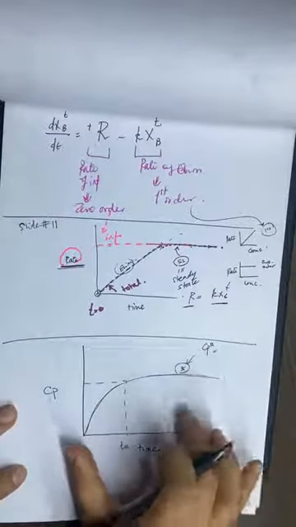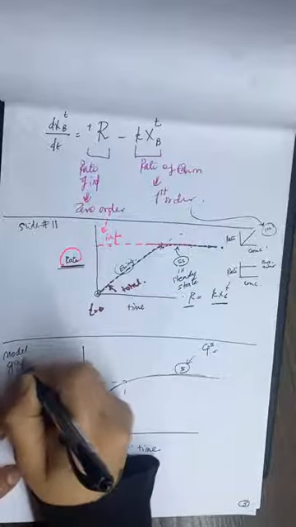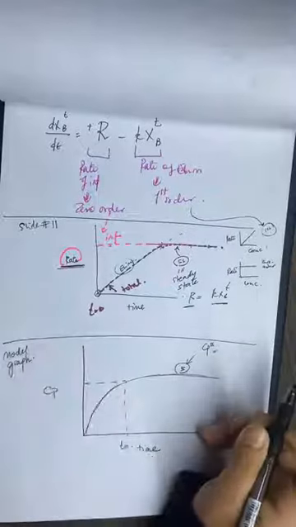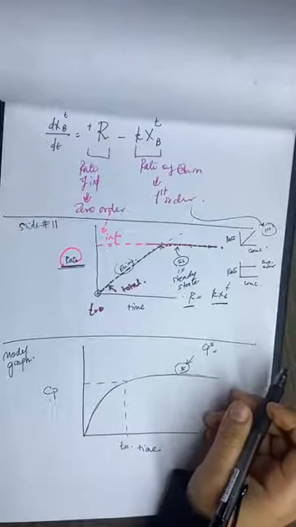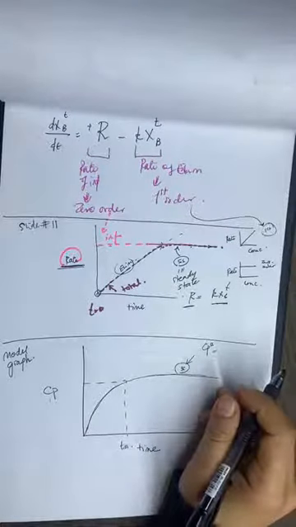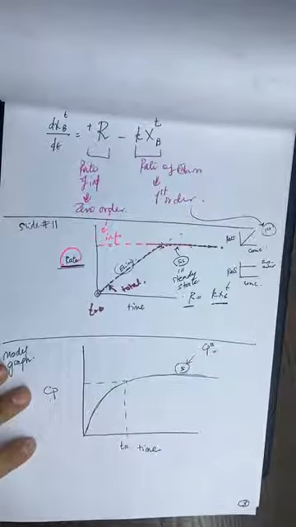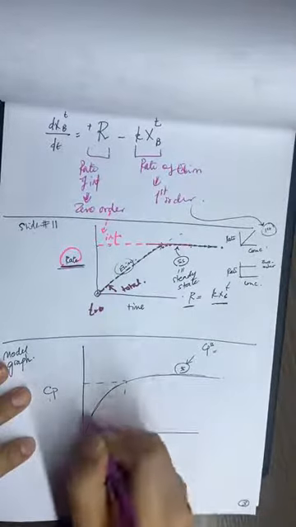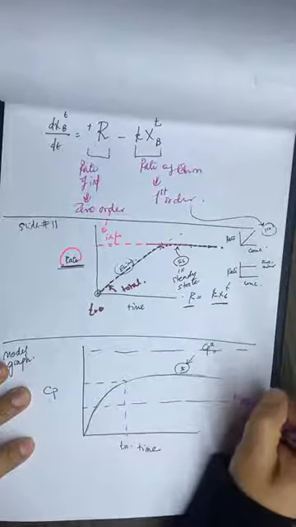So this is your model graph for IV infusion. Again, we have first order elimination rate constant and zero order infusion.